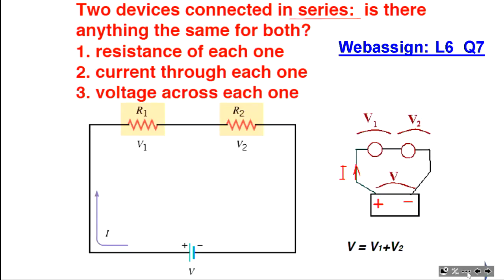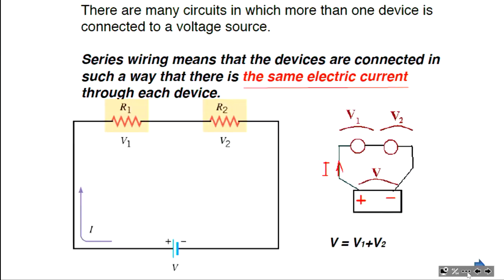And of course, the number of electrons traveling through each element here should be the same, because they cannot escape the wires. So the same number of electrons traveling from the battery through the first resistor and through the second resistor means the electric current is the same.